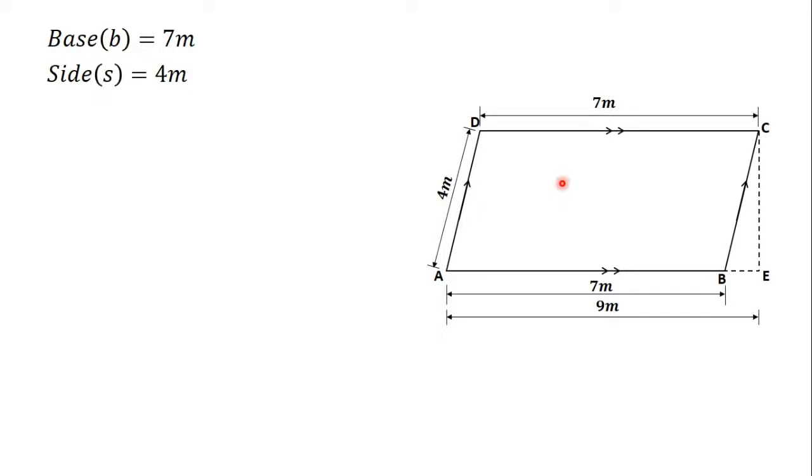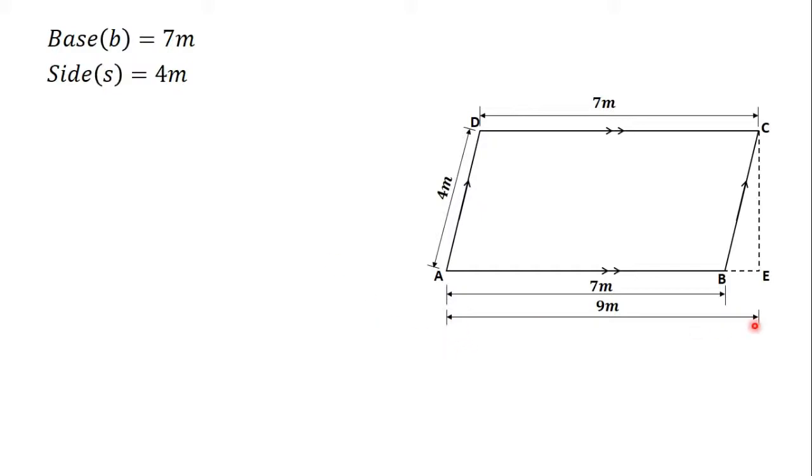If you look at this parallelogram very carefully, we can see that AD has been given to us as 4 meters and that's the side of the parallelogram. Now, DC, which is the same as AB, has been given to us as 7 meters, so that is the base of the parallelogram.